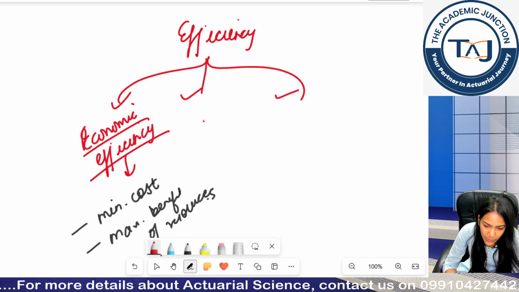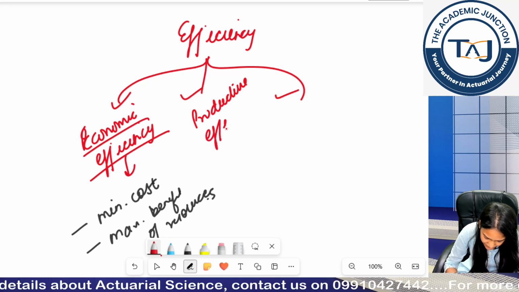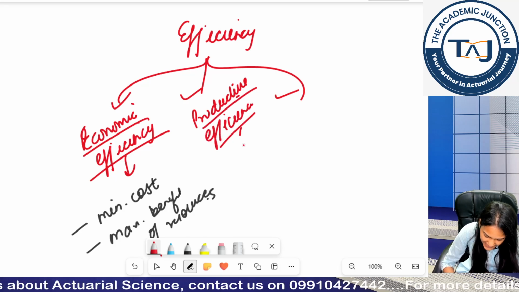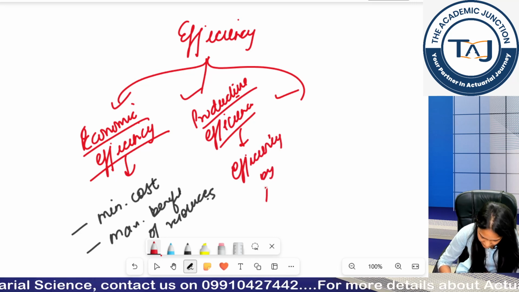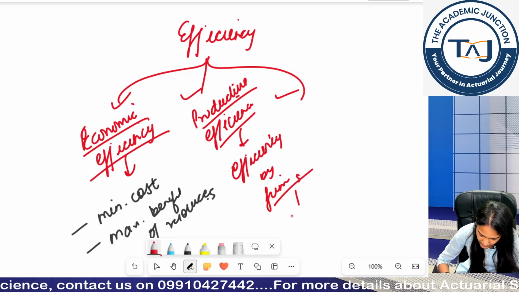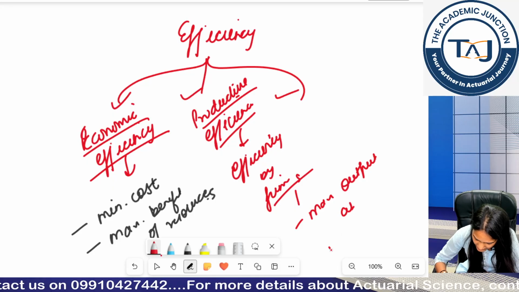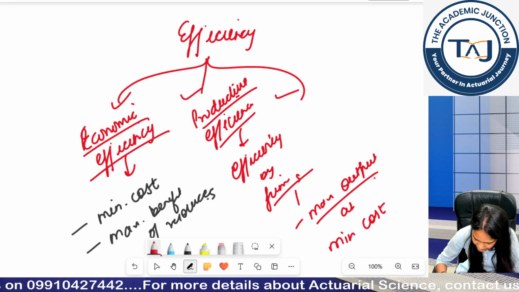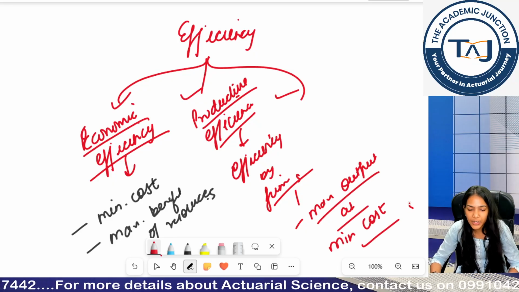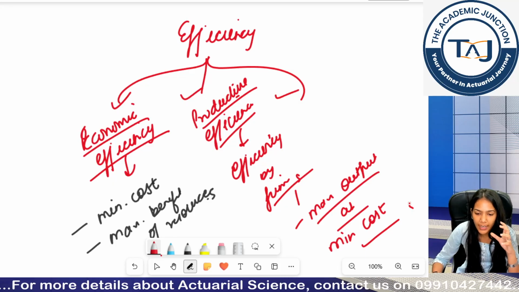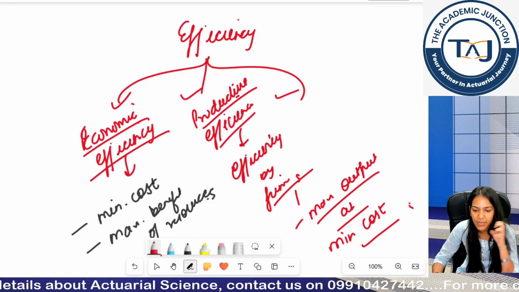If I talk about my second efficiency, it is productive efficiency. This is basically efficiency by firms or production units. So this is again maximum output at minimum cost. Productive efficiency is I am able to produce maximum output from the possible available resources at minimum cost.